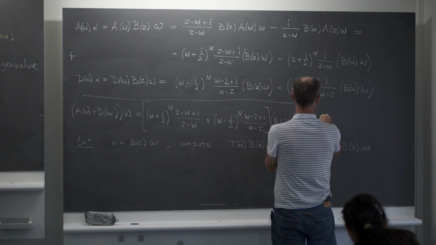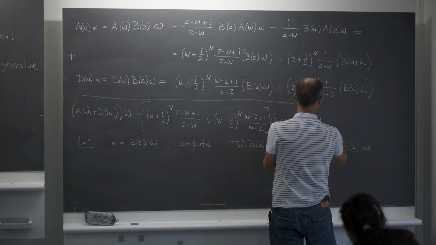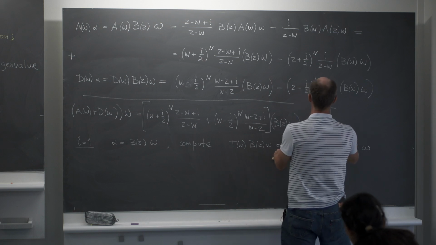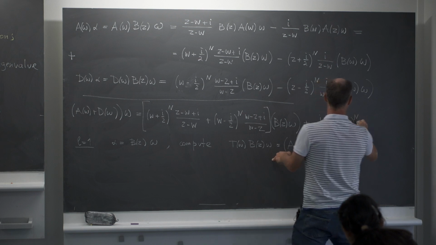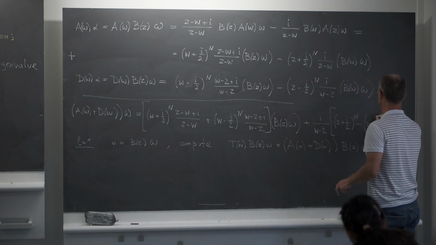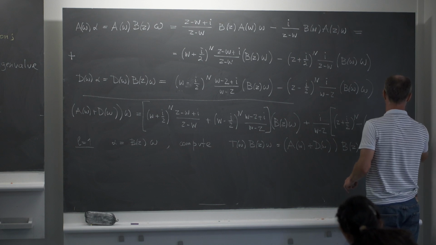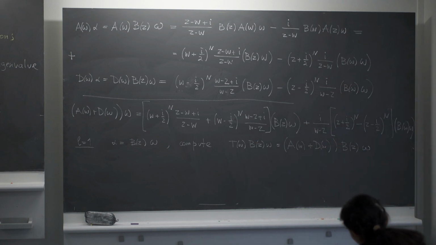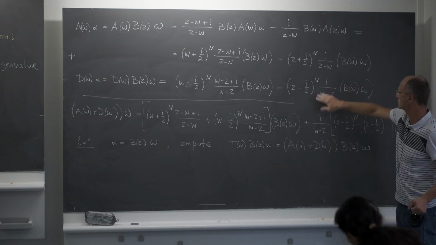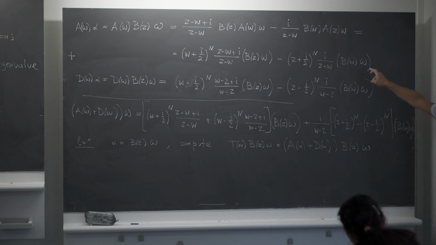Let me write it like this. Right? So I changed this. So here there were different signs, Z minus W, W minus Z. So I changed the sign up there.